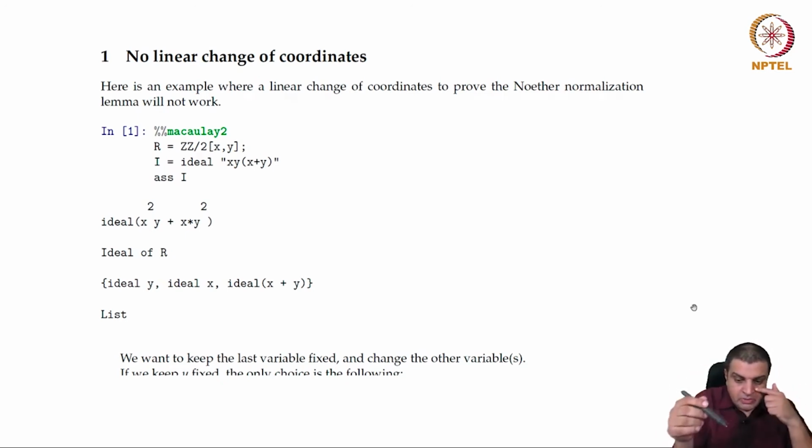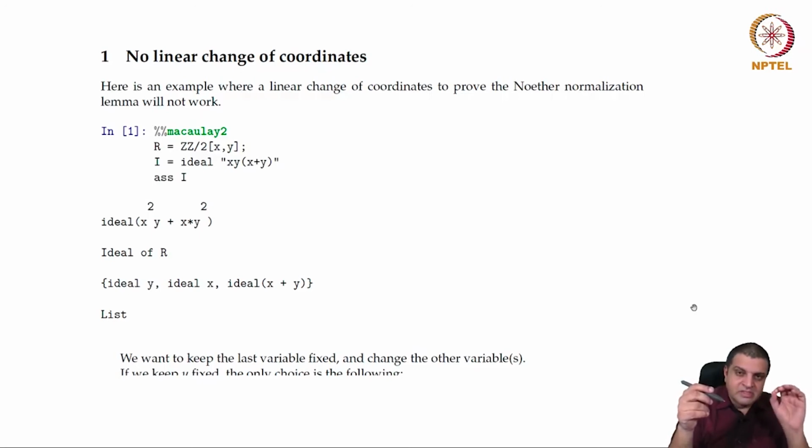So here's an example where a linear change of coordinates won't work. Later, after we understand dimension a little bit, we will try to come up with an example where the algebraically independent elements are not even linear. That will require some more understanding to be able to calculate something.